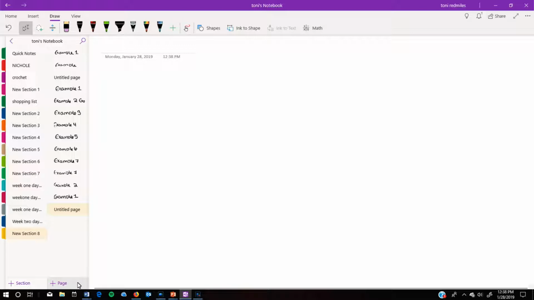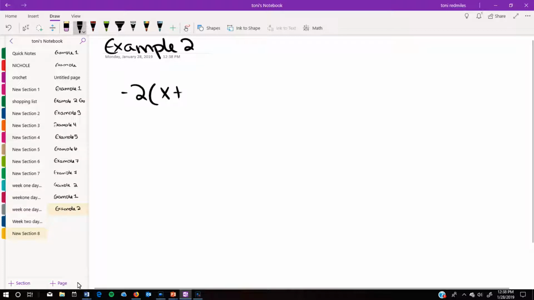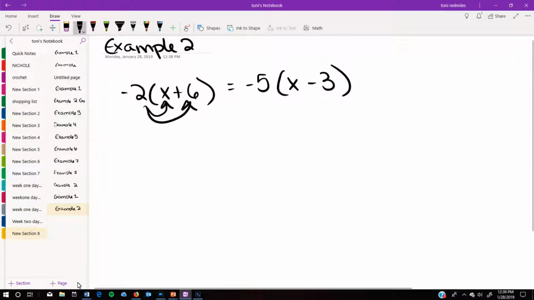Okay, so let's do example 2. And that is negative 2 times the quantity of x plus 6 equals negative 5 times the quantity of x minus 3. Again, I got to distribute it through. That means multiplying by everything in the parenthesis. So negative 2 will be multiplied by x.